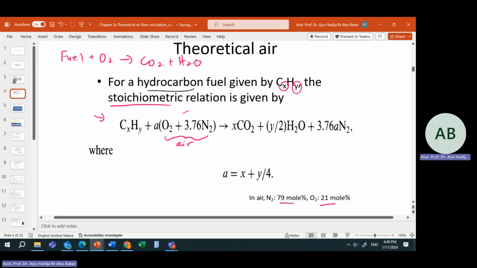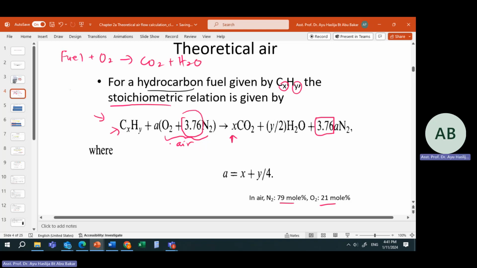This one is standard fixed value. Then equals to X amount of CO2. Why X amount? Because it depends to the carbon supply. Plus Y over 2 for H2O and 3.76A N2. This value is fixed.